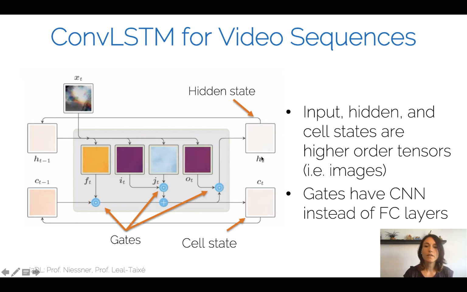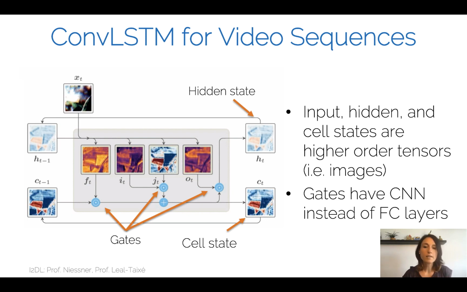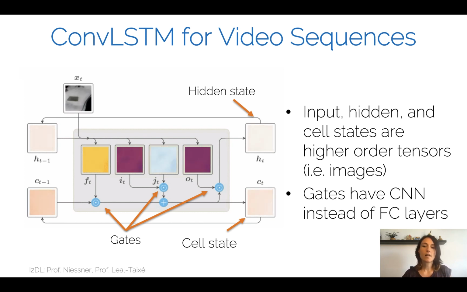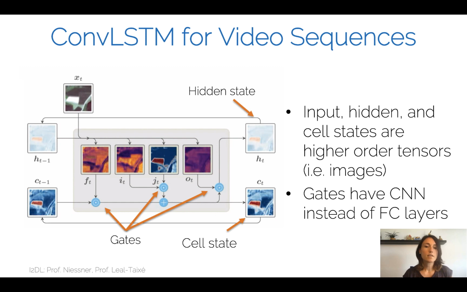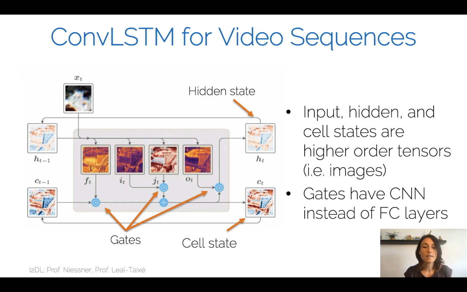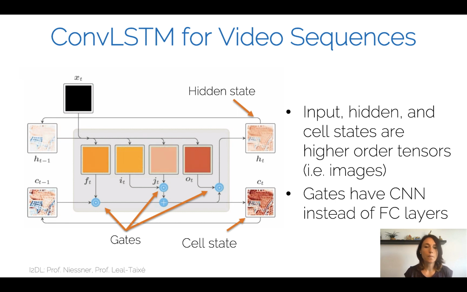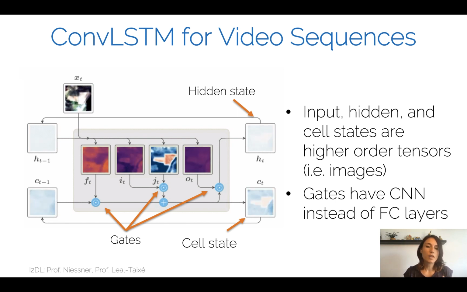And here we have the hidden state, which is a representation of what is going to be passed to the next time step. So of course, if the input, the hidden, and the cell states are higher order tensors, also the gates need to have convolutional layers, need to be essentially CNNs instead of simple FC layers as we have seen previously. So you can put any type of architecture that you want in there, bearing in mind that this is going to be computationally expensive.